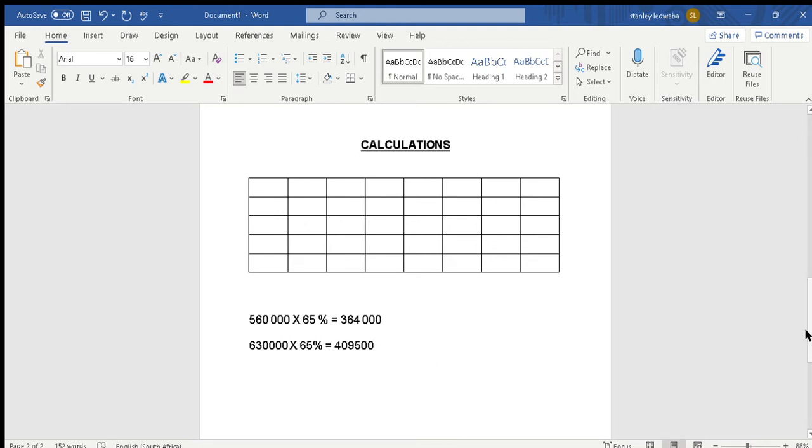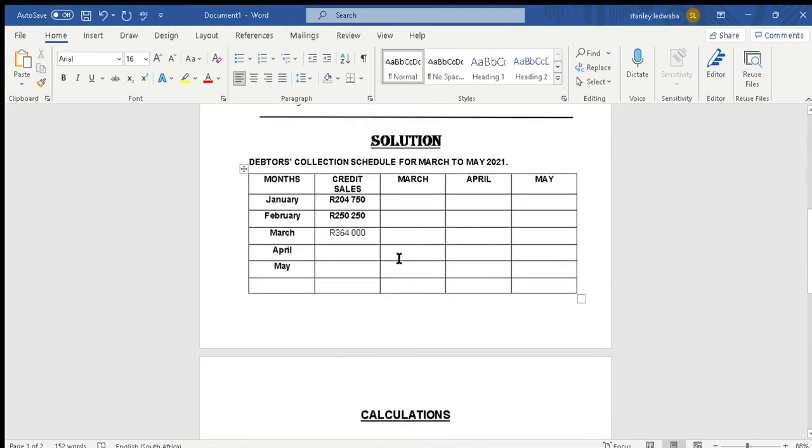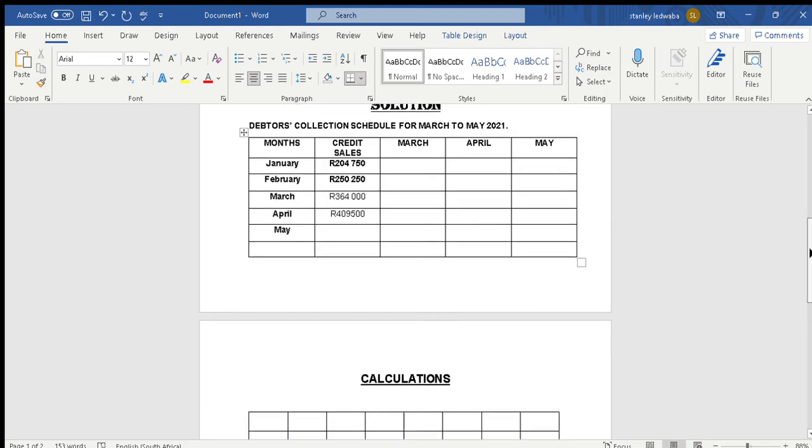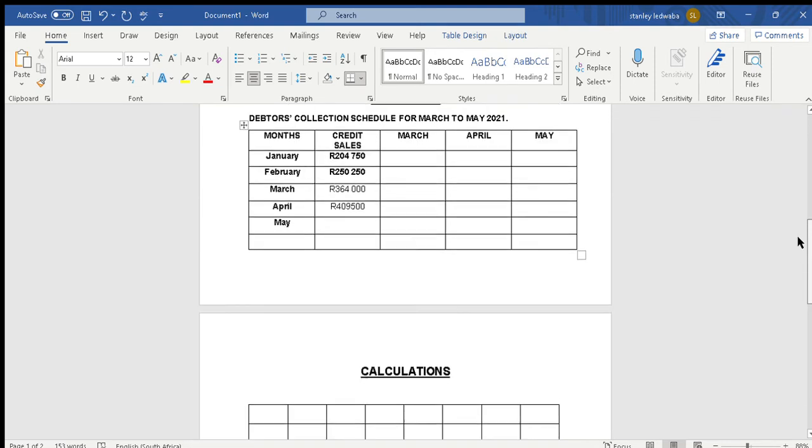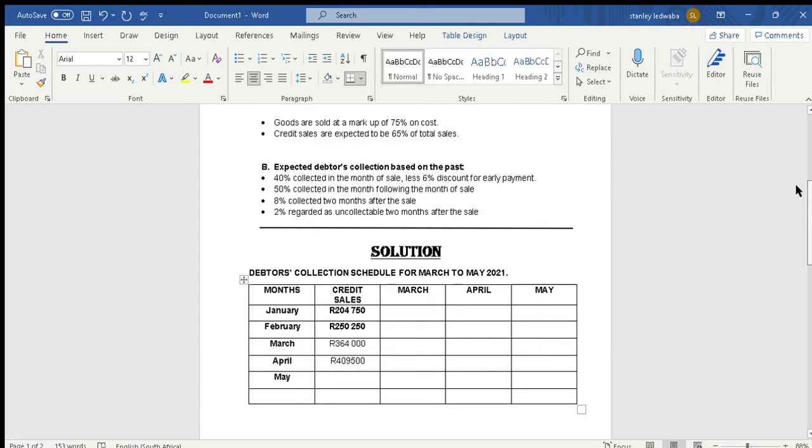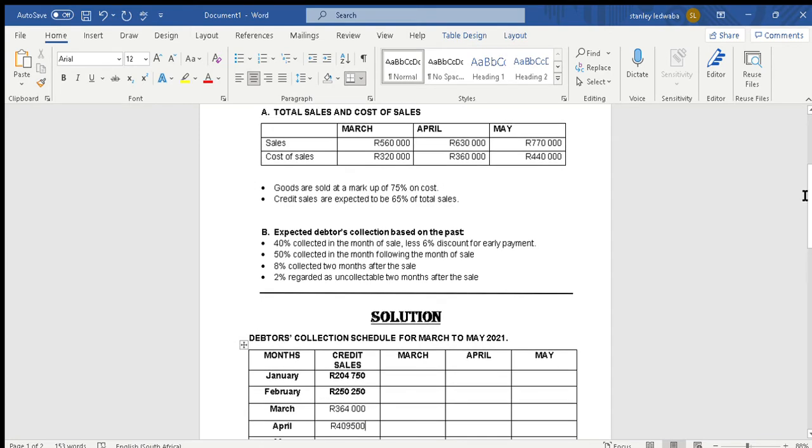Then we are going to take this amount straight to the debtors collection schedule.